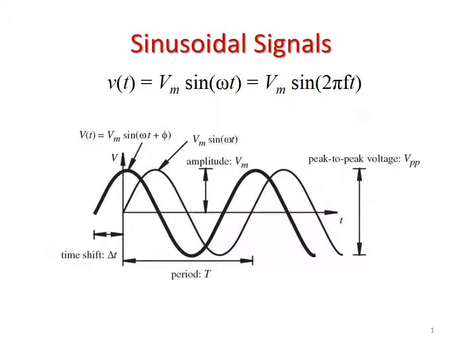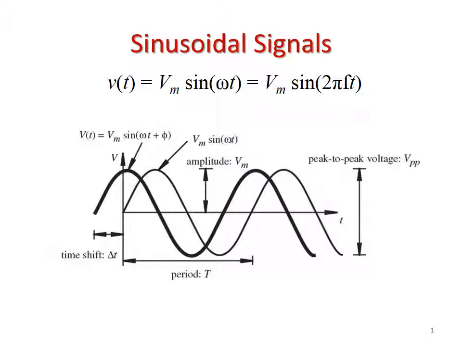So in this first slide, we're going to look at a slide that we used previously about sinusoidal signals. And this is the equation v(t) = Vm sin(omega t) = Vm sin(2 pi f t), because remember, omega equals 2 pi f.